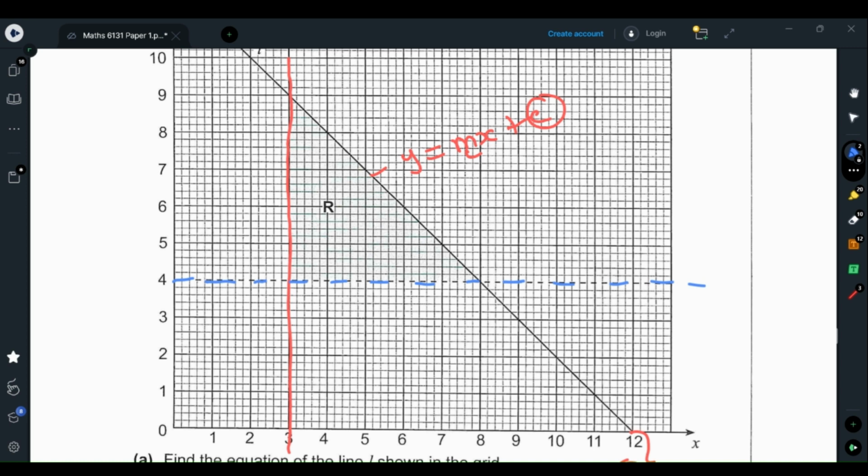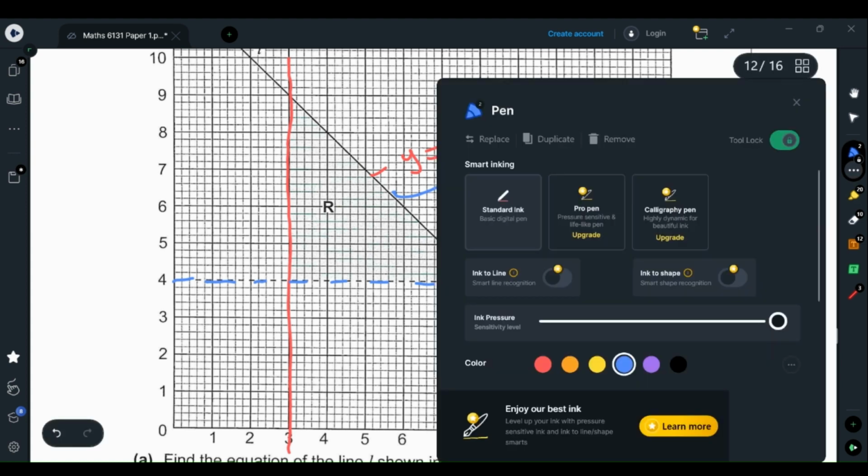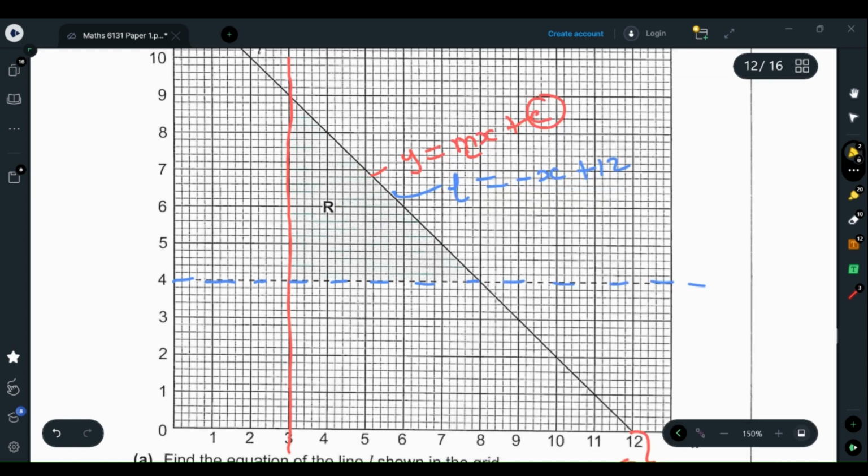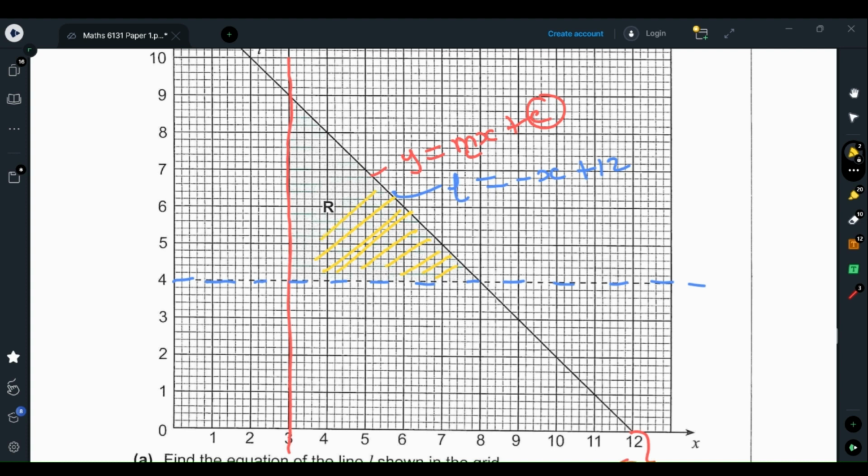And then we have, of course, a solid line defined by the equation minus x plus 12. And I'm assuming this is my shaded region.